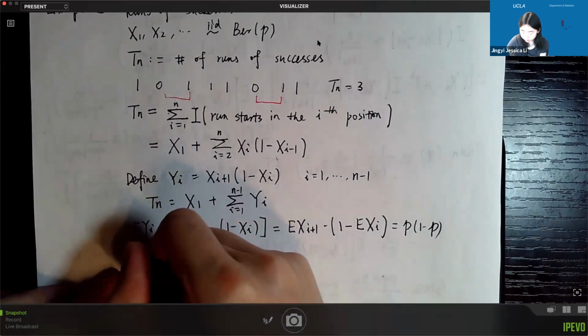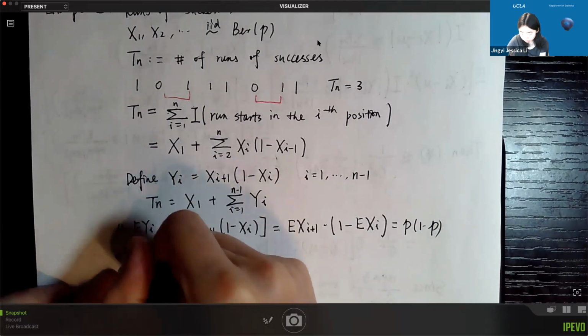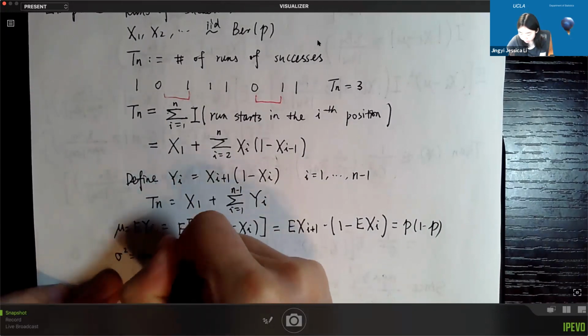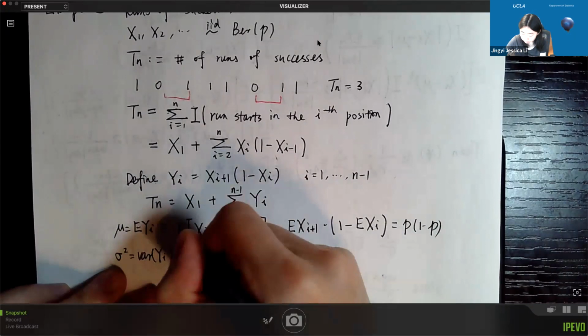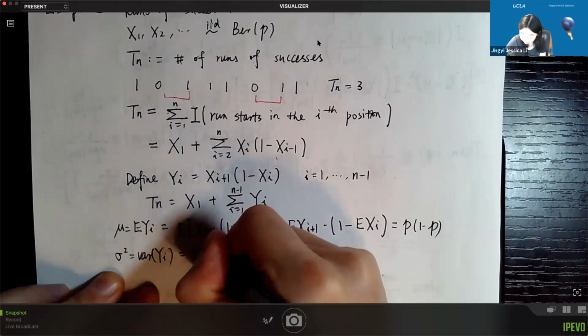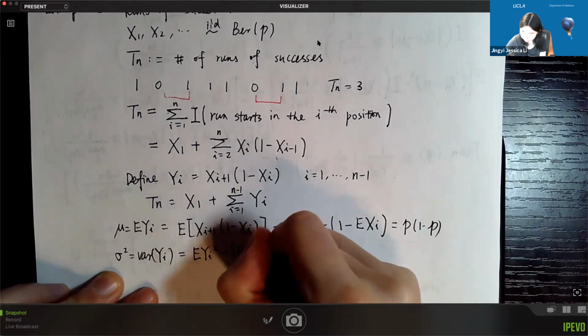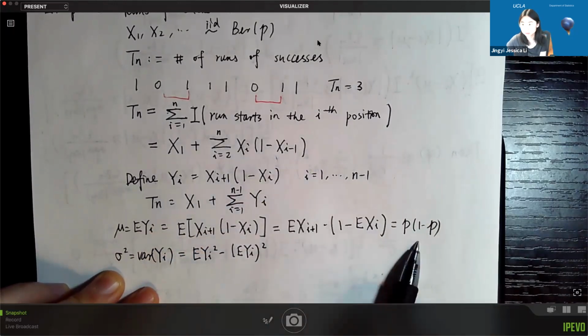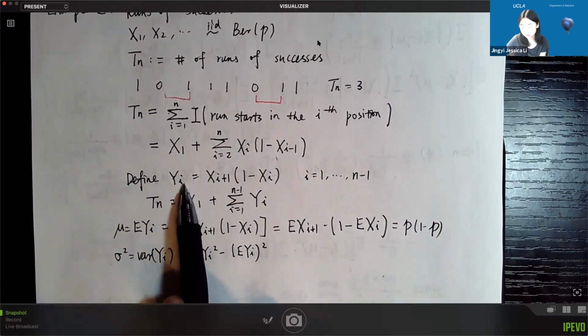And next, what's the variance? The mean of yi I will call mu, to be consistent with the notation in our theorem. The variance of yi I can write as the expectation of yi squared minus the square of the expectation of yi. The second term I already know, so I don't worry about it. How about the expectation of yi squared? Look at what values yi can take.